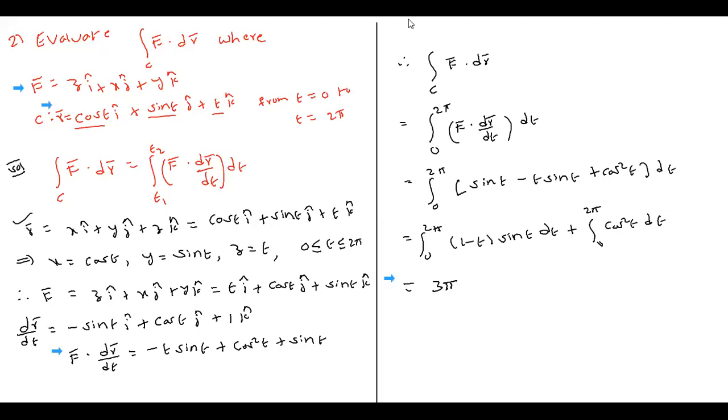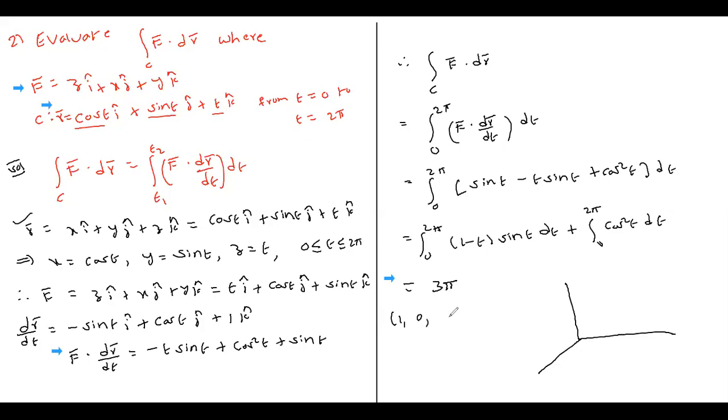See, when you substitute t equal to 0, what happens? We get x equal to 1, y equal to 0, z equal to 0, since cos 0 is 1, sin 0 is 0, and t equal to 0.